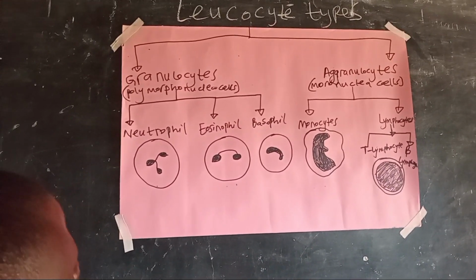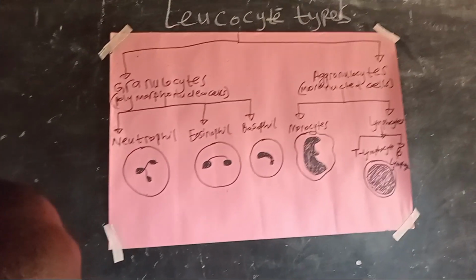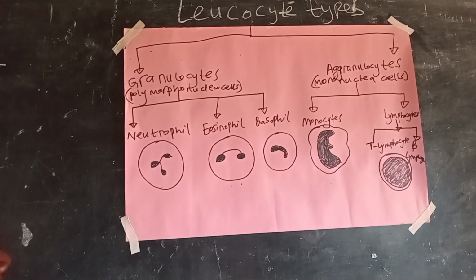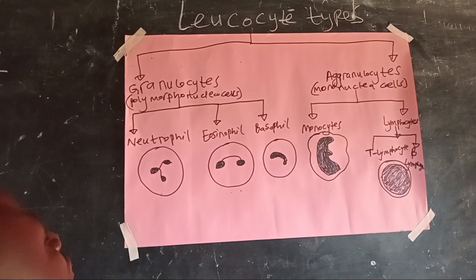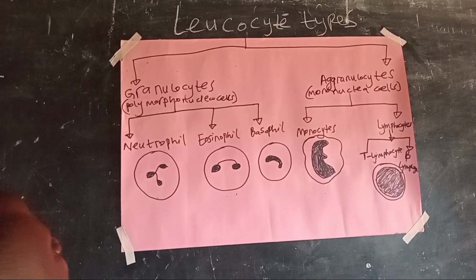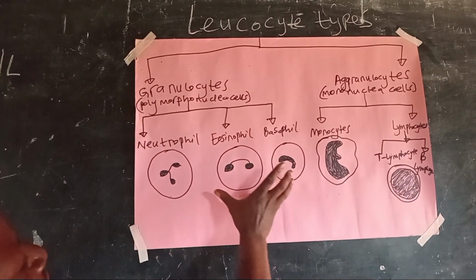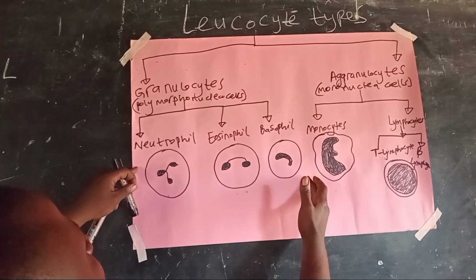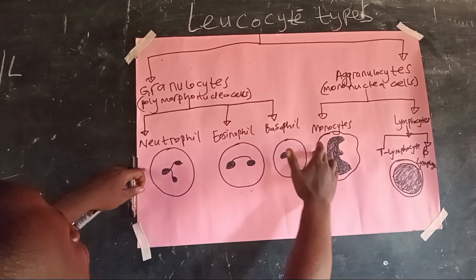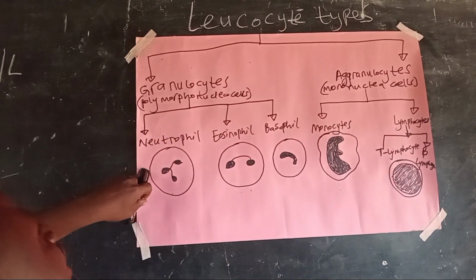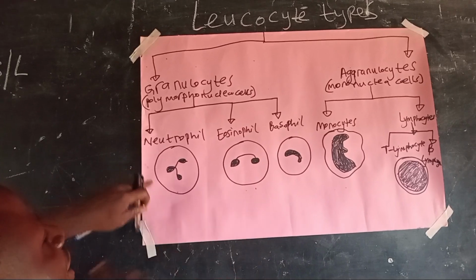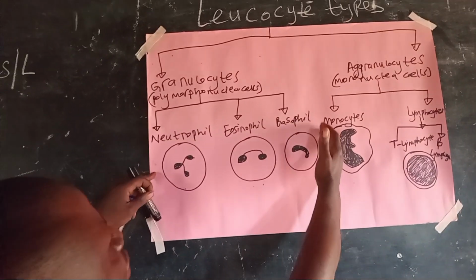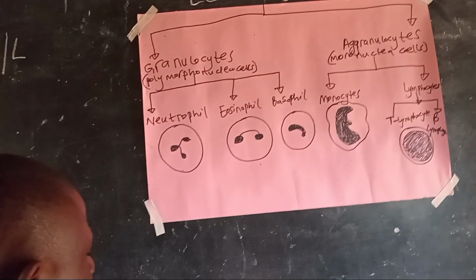Now let's look at the staining characteristics of the granules. Here they have a difference on the side of the agranulocytes or the polymorphonuclear cells. We are going to see what differentiates them.